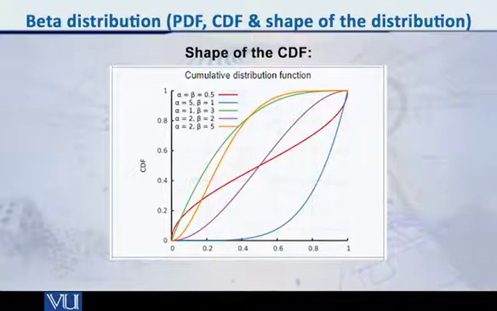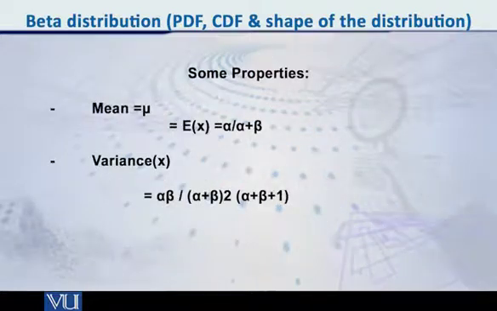So just like the shape of the PDF was very flexible, the shape of the CDF is also changing with different values of alpha and beta. I will also want to share with you a few properties of the distribution, which can be easily derived.